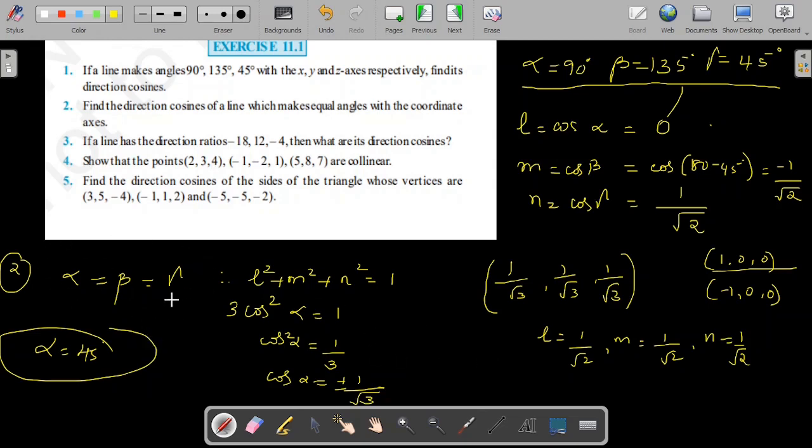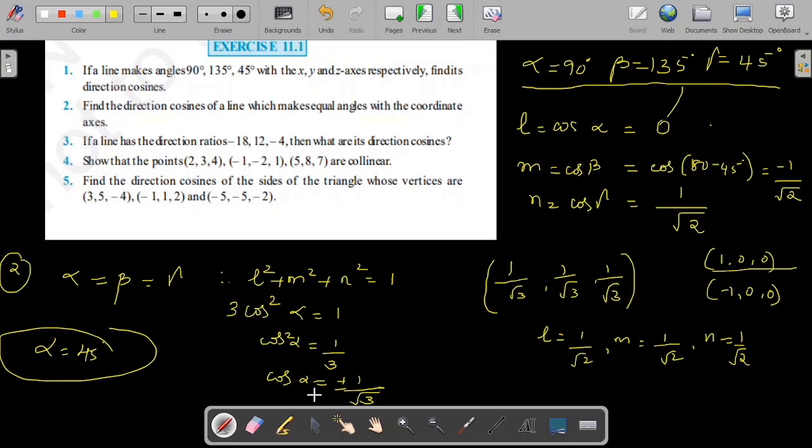If it makes equal angles with respect to the coordinate axes, then the direction cosines must be 1 by root 3, 1 by root 3, 1 by root 3. There are no other possible ways. That is the direction cosines of a line which makes equal angles with the coordinate axes. So the direction angles are cos inverse of 1 by root 3.